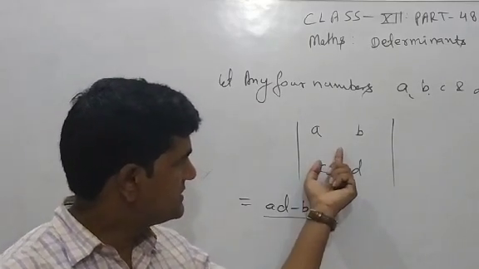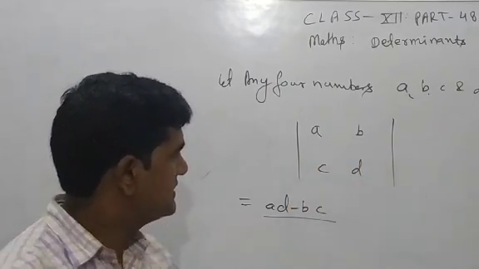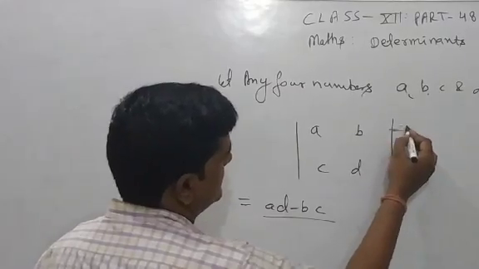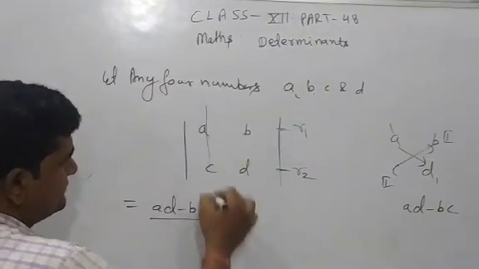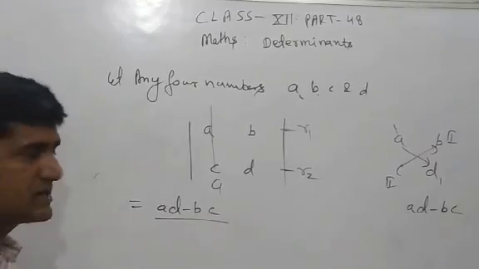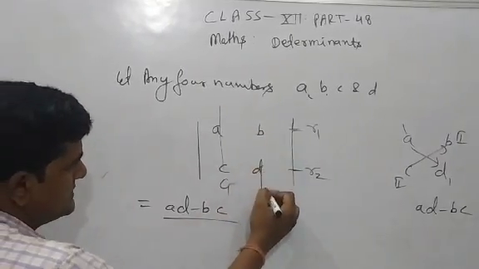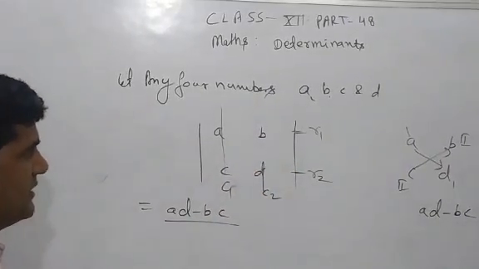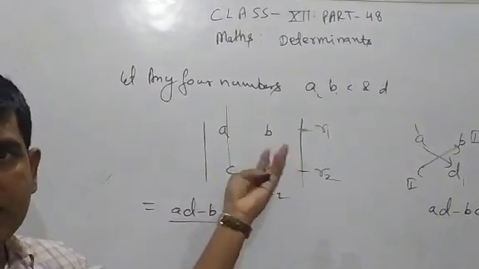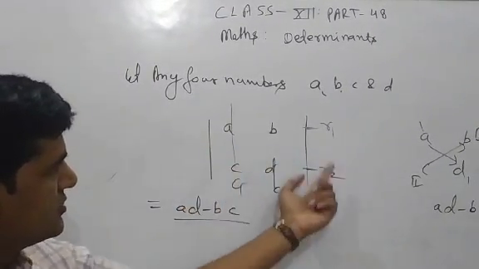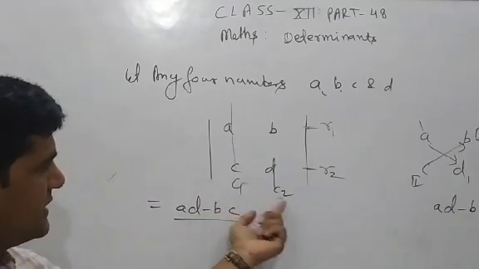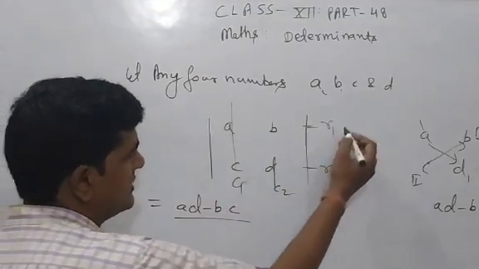Here R1 is the first row, R2 is the second row. C1 is the first column and C2 is the second column. How many rows in this determinant? Same as the matrices, one row, two rows, means two rows. How many columns? One column, two columns.